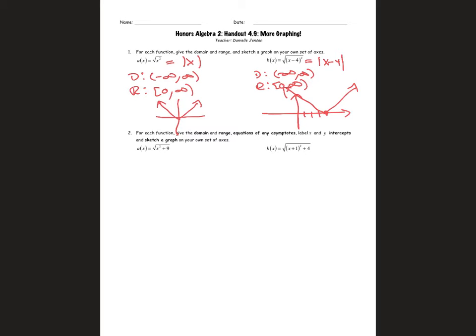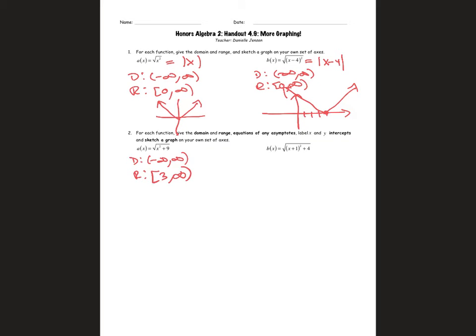So first, before getting there, it's first asking to find the domain and range. Well, the domain here is there's no restriction on what I can put in for x. But for the range, if the smallest x squared can be is 0, then the smallest this whole quantity can be is the square root of 9. So the range will be 3 to infinity.